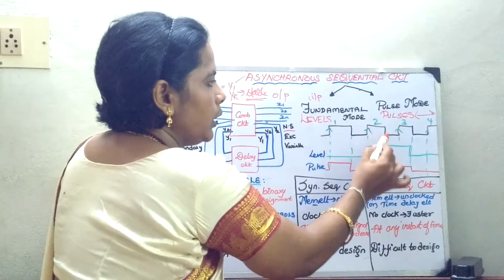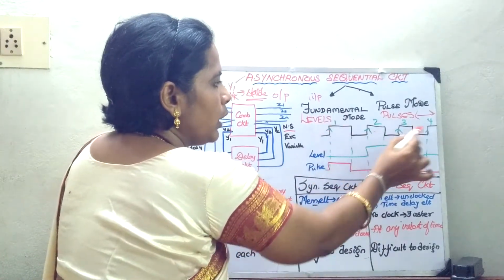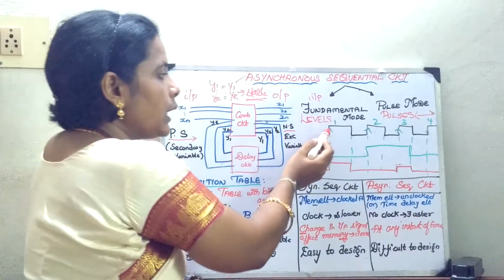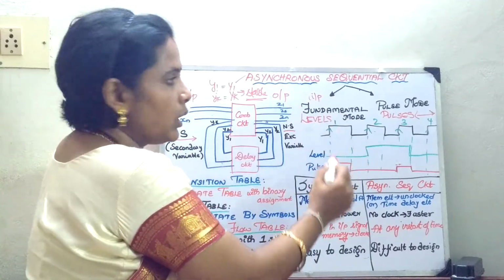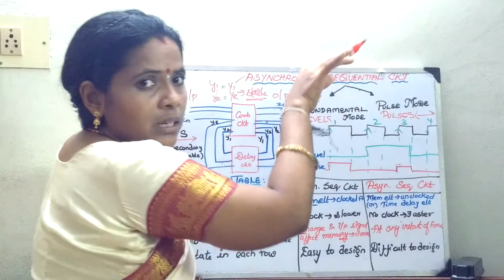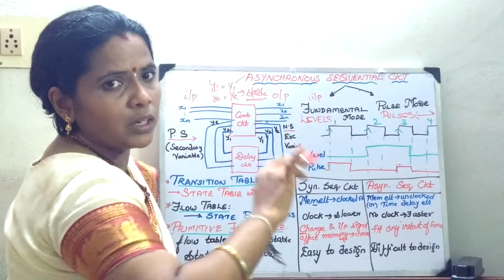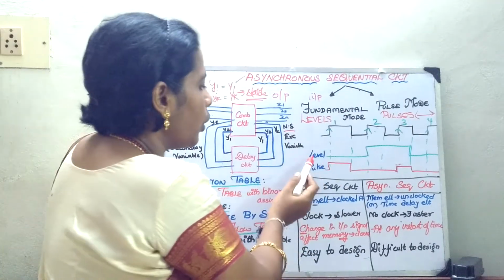Now we will just see a waveform. You have a clocked waveform 1, 2, 3, 4. Don't think that I have given a clock here just for understanding. Whenever I give the signals at a particular instant, you are going to have two conditions.